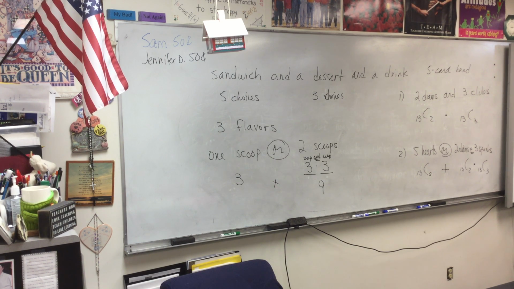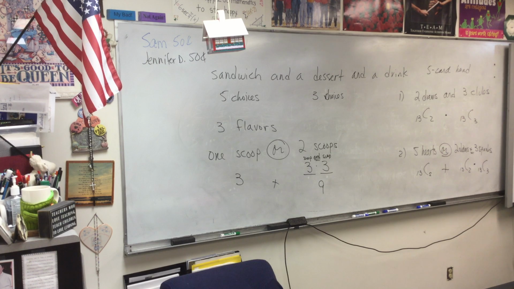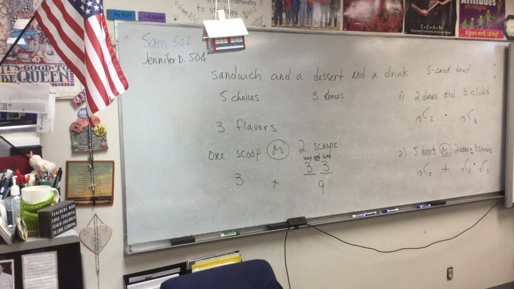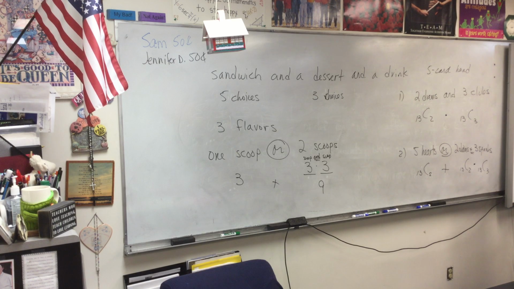Number 1. Oh, who didn't follow directions? Number 1. How many ways can I arrange 8 students in a row? 8 factorial. And work it out, and I don't know what that is, but it's some big number.